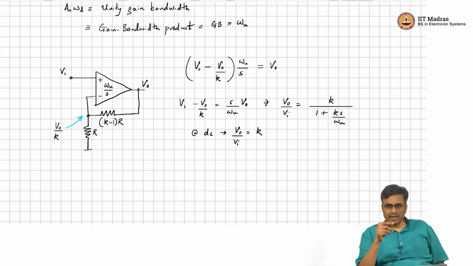In this case, infinite gain only happens at DC. Therefore, this is only true at DC, and it's not true at other frequencies. Is that clear?